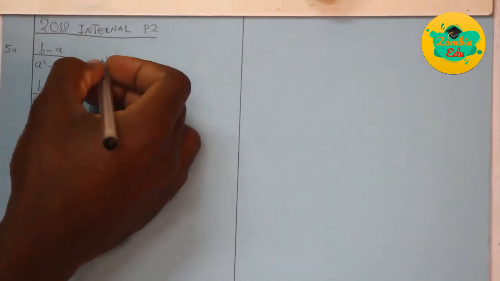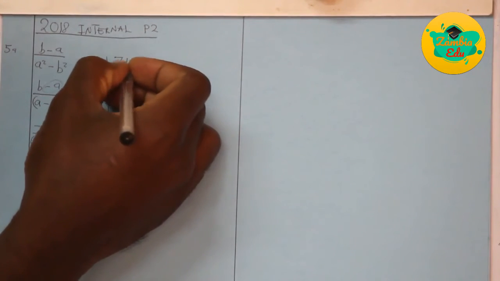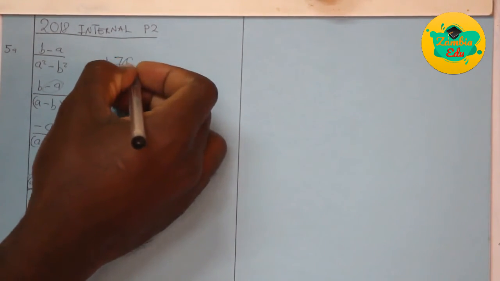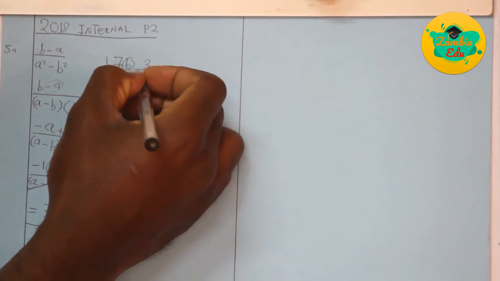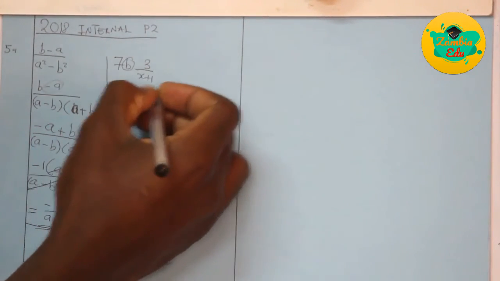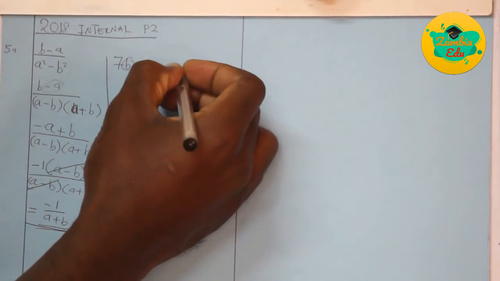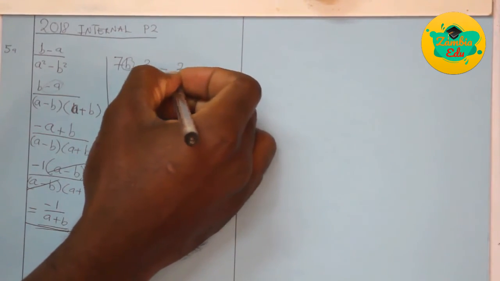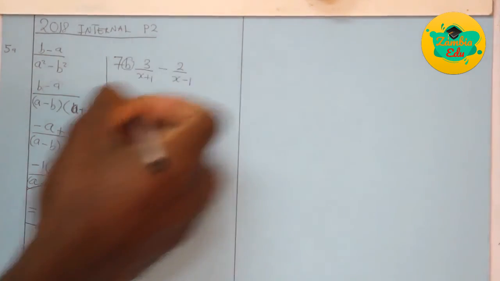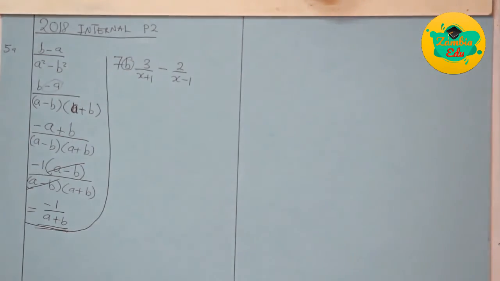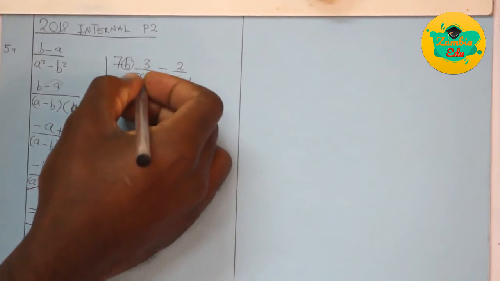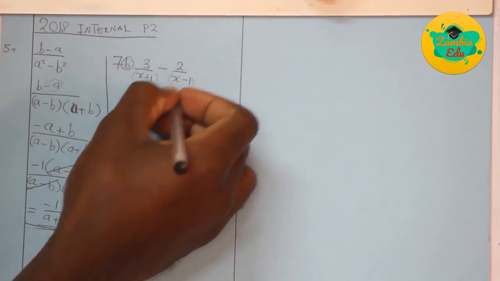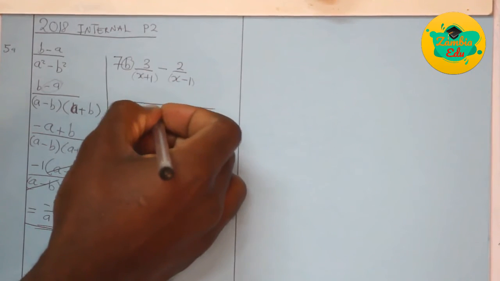We are going to write the question is question 7b, and we are dealing with 3 over x plus 1 minus 2 over x minus 1 as a single fraction. So common denominator, everything that is there, those will be our common denominators.